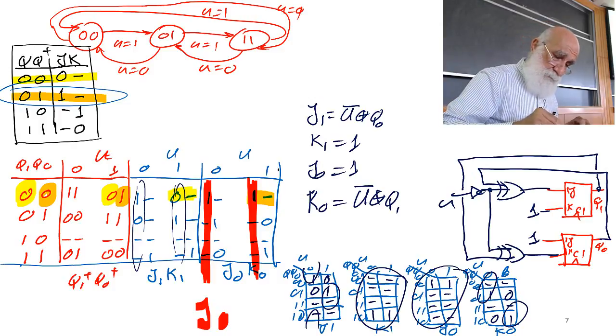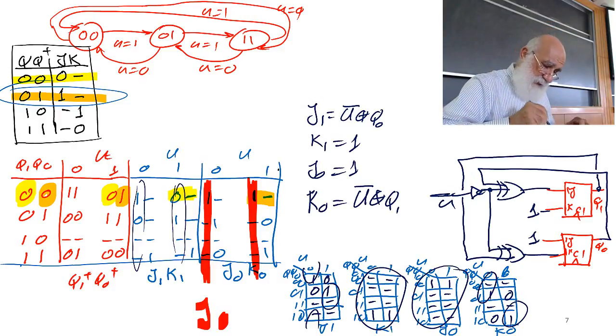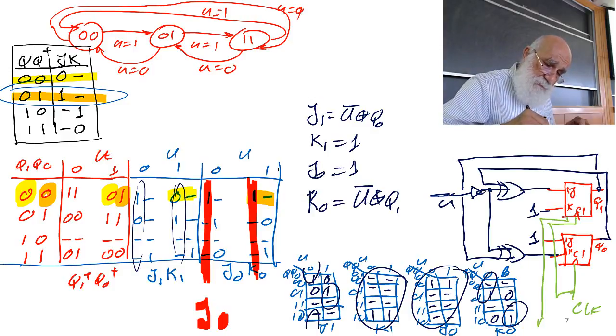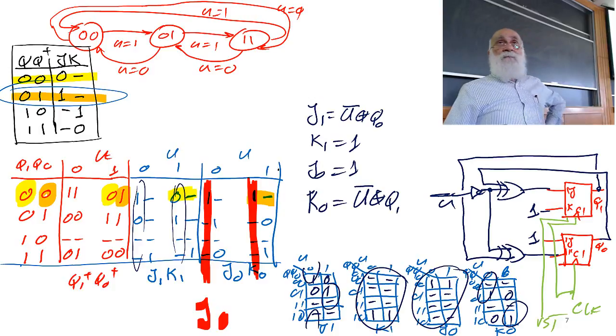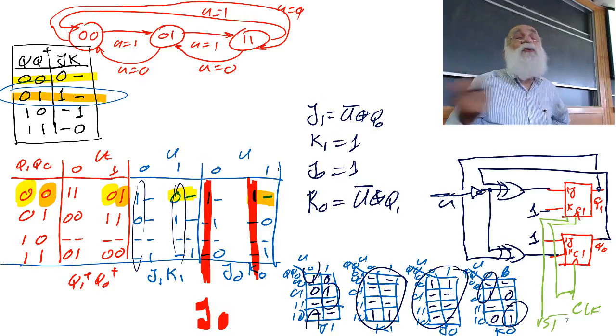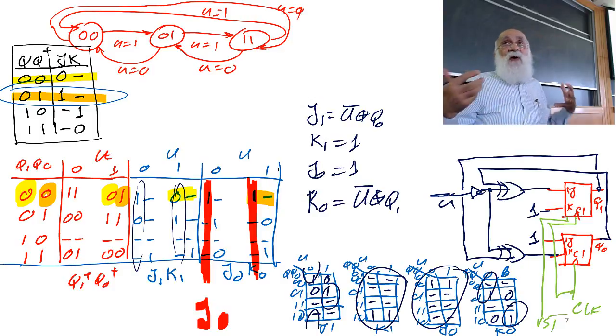Okay. This is my up down counter, counting the sequence I'm showing in the state diagram there. This is my clock, and this is my reset. Okay, the good news I'm telling you is in most designs you don't use JK flip-flops.